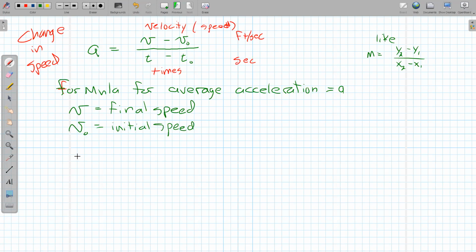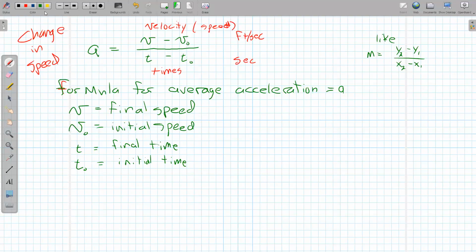And each of those speeds happens at a particular time. So we have T by itself as the final time, and T with the subscript 0 is the initial time. And often the initial time is 0 itself, but sometimes it's not. It just kind of depends on the situation.